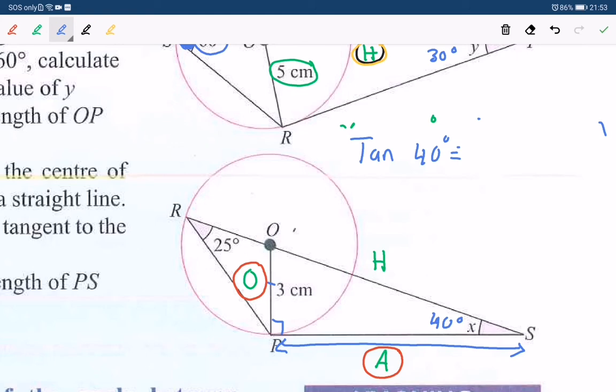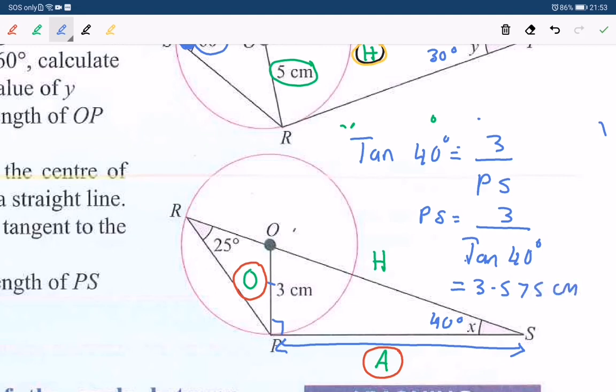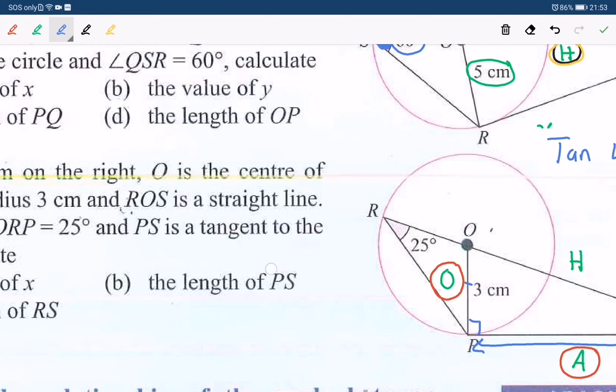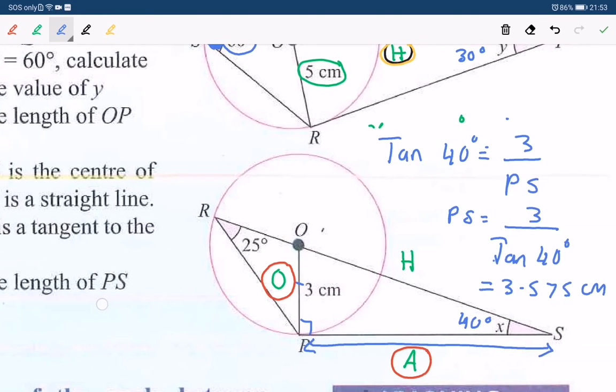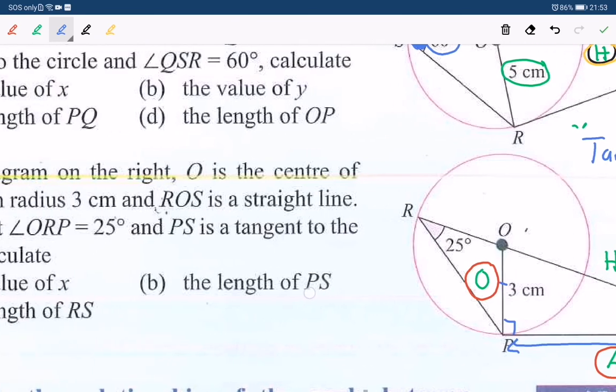Our opposite is 3 cm, over adjacent, which is our PS. So PS equals 3 divided by tangent 40, and we get the answer 3.575 cm. So we got A settled. The length of PS is 3.575 cm.